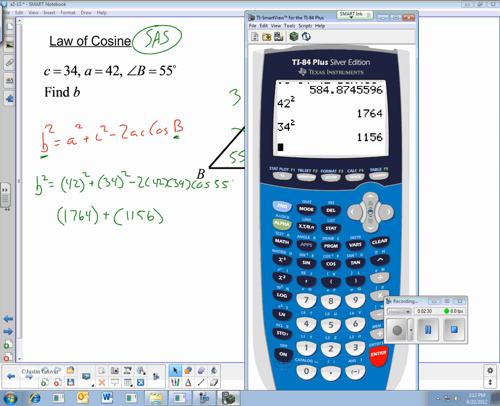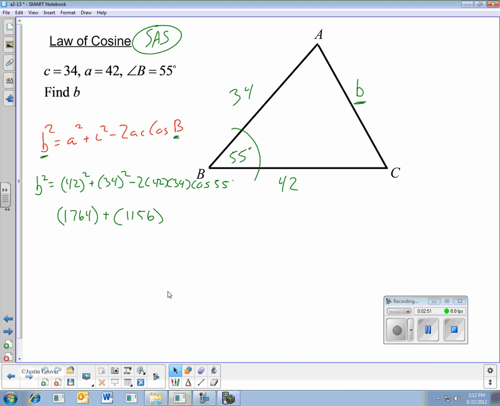And then we have a negative 2, remember that's a negative 2 there, times 42 times 34 times cosine 55. I'm going to do nearest whole number, so negative 1638.